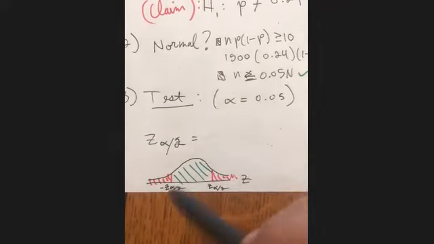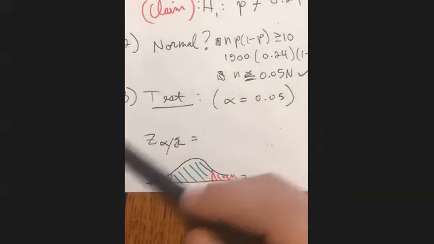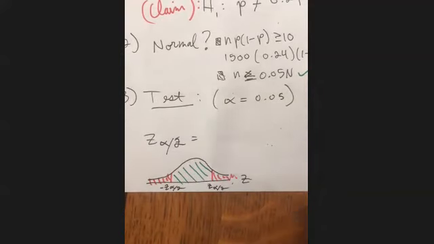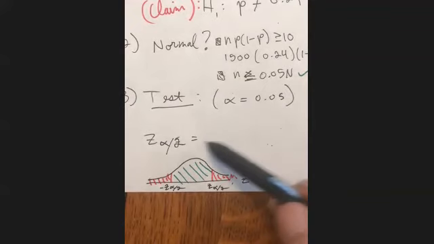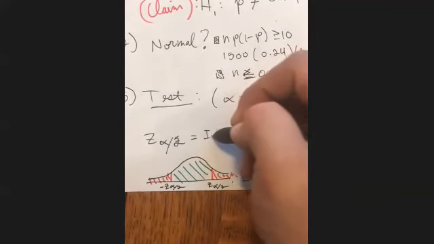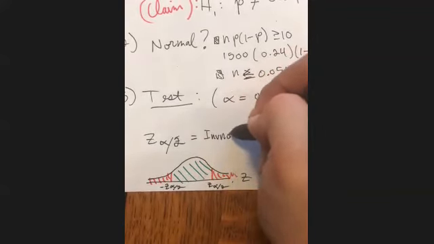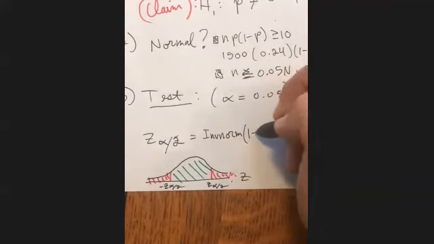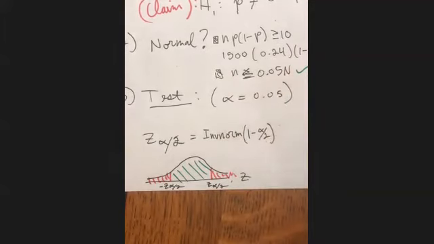So when we have a two-tailed test, we actually have 2 cutoff points. It suffices to find one because the other one is just the negative of the positive. So how do we find that? Again, we take the inverse norm function. But for the two-tailed test, we're going to figure out what 1 minus alpha over 2 is.